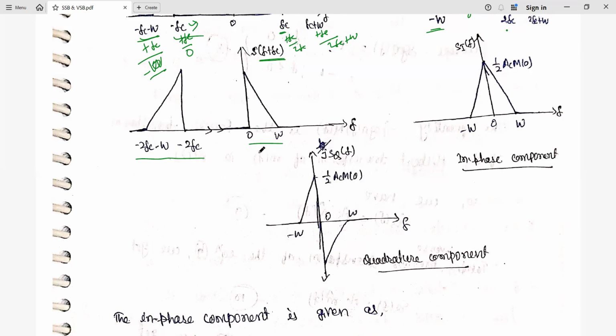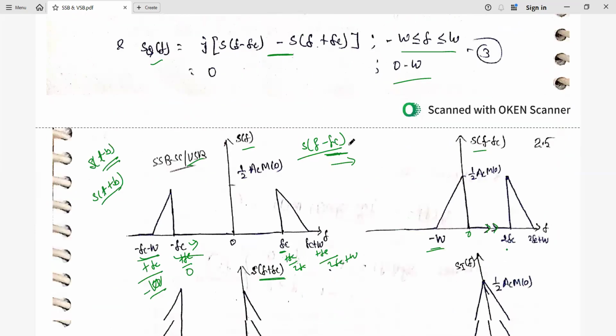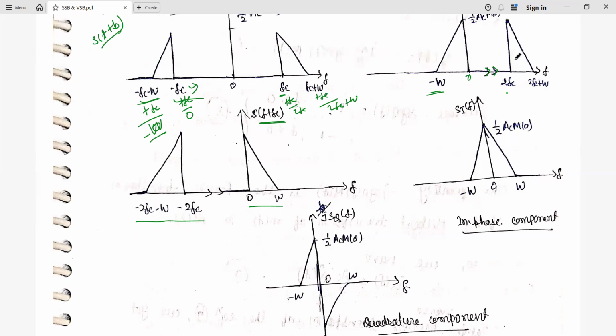Now you have seen how shifting takes place. The in-phase component is the combination of both, which we have just seen. These both are added together. When you add both signals, this portion and this portion cancel, or rather the signal is not defined in that range, so it automatically becomes 0.